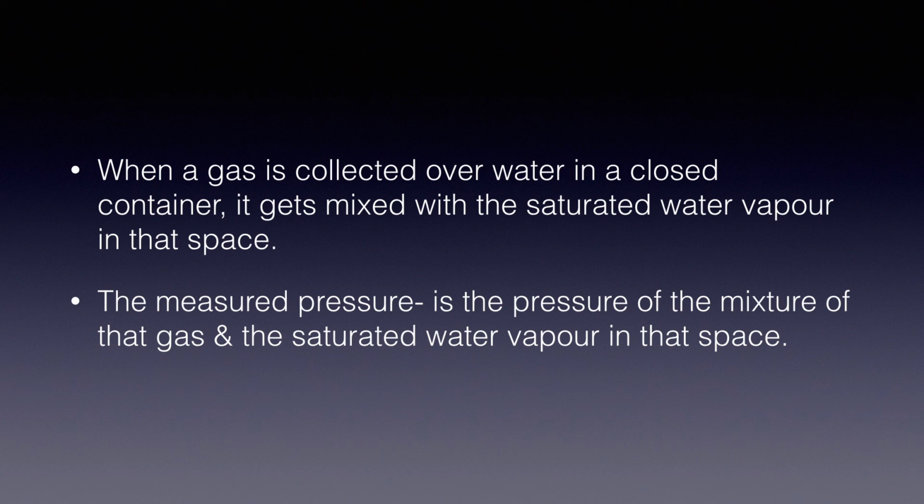When a gas is collected over water in a closed container, it gets mixed with the saturated water vapor in that space. So the measured pressure will be the pressure of the mixture of that gas and the saturated water vapor in that space. If there is one gas component and water, the vapor pressure created will be of the saturated water vapor and the other component, that gas.